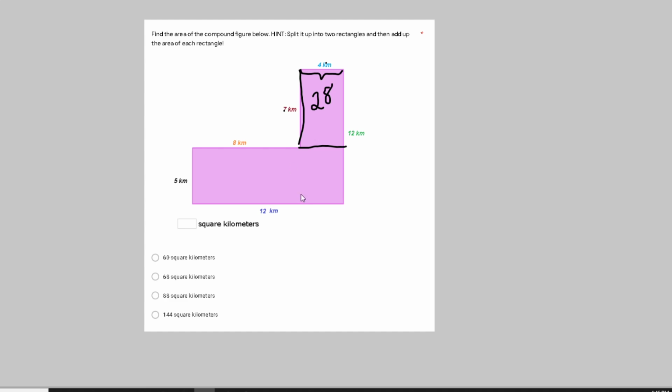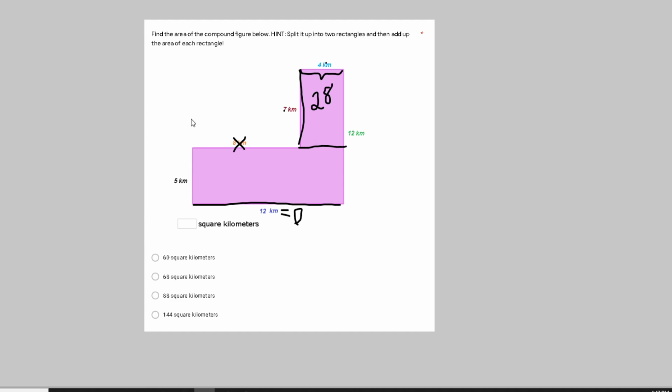Now we have this rectangle down here we need to find. Well, 12 looks like it's going from here to here, which is good. That's our length, right? It's going along the whole bottom of the rectangle. And then over here, we don't have any choices to make. We just know that we don't want this because that's from here to here.